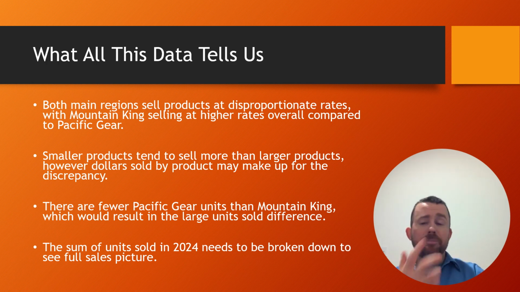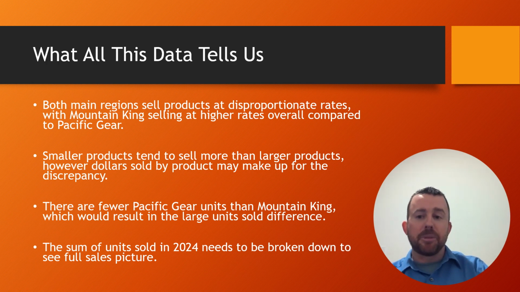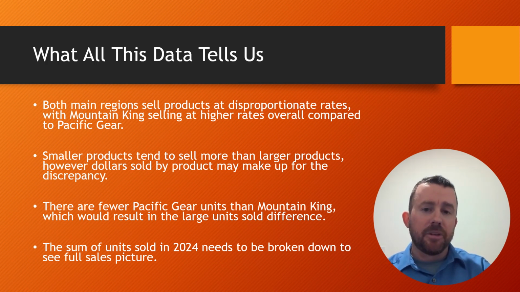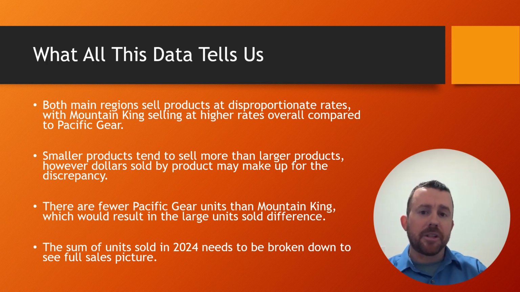But part of that obviously would have to do with price. So the Biggie tent was the most expensive item on that list, so there's probably a good reason why its sales are so low. But in the end, it's important to look at whether the price difference does in fact level things out in terms of the financial gains that we get from it.